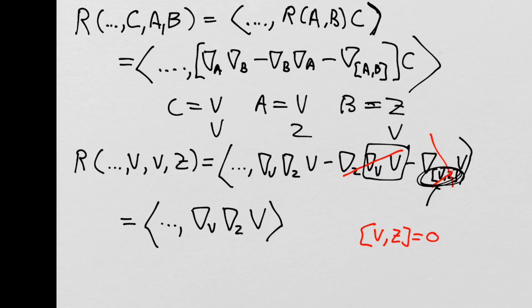So what that's telling me is that the derivative in the direction of V acting on Z minus the covariant derivative in the direction Z acting on V equals 0.